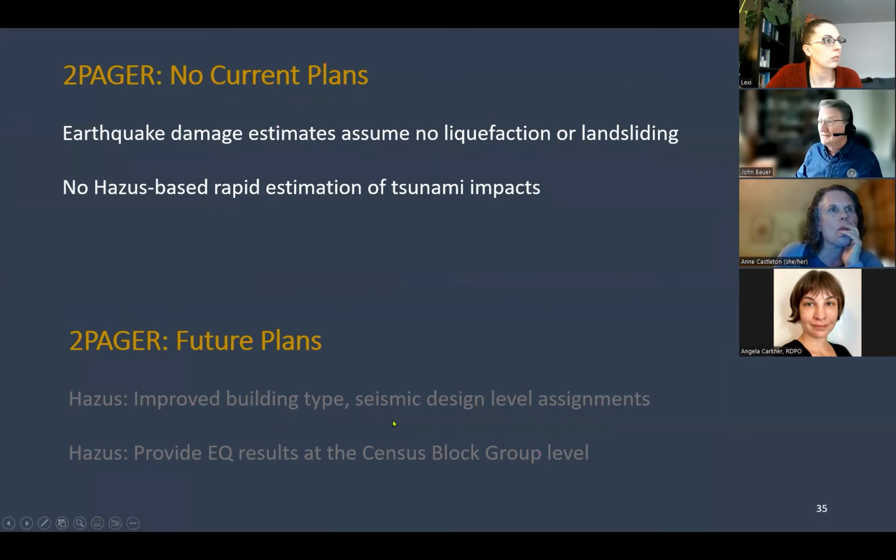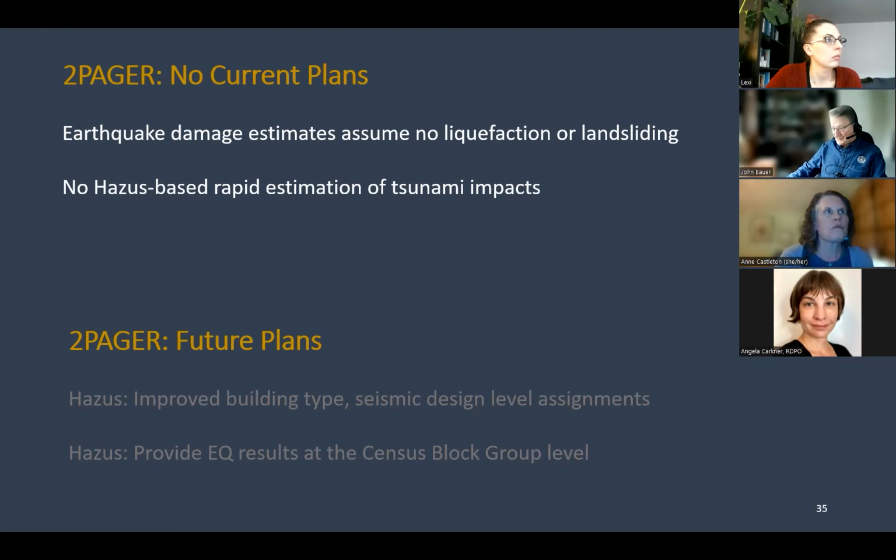We're doing okay on time. If you're wondering whether 2PAGER includes liquefaction and landsliding: currently, no. Someday it might. There are technical reasons; this is a challenging one to include in a scientifically defensible manner. If you are aware of areas with landsliding or liquefaction, the damage estimates will be increased.